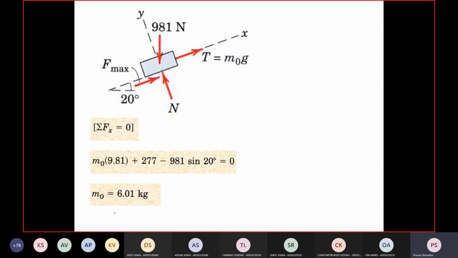There may be some rounding error; it is 6.01. If you take these values, you will get 6.01. So as you can see, this is the minimum value.